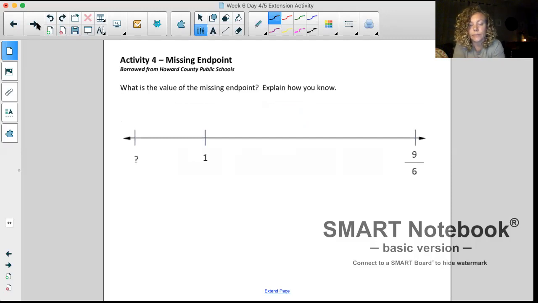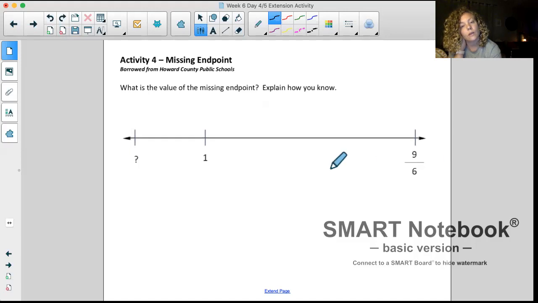Last one. The missing endpoint. So we have a mystery endpoint here, and then our other endpoint is 9/6. We know that's a fraction greater than 1 for 2 reasons. Because 9, our numerator, is greater than our denominator of 6. Also because 1/2 is right here, and we know anything over here is bigger.